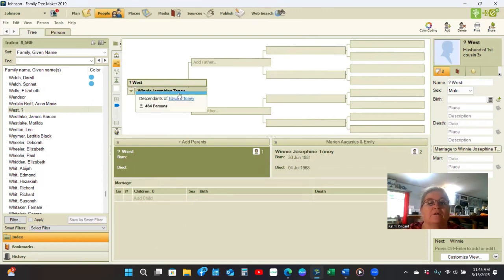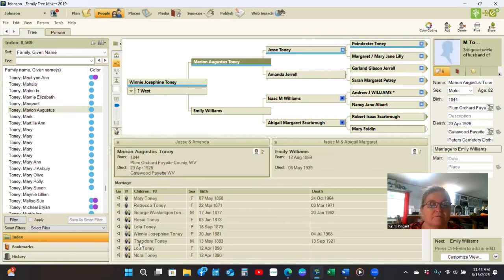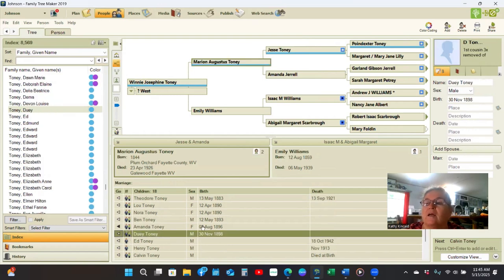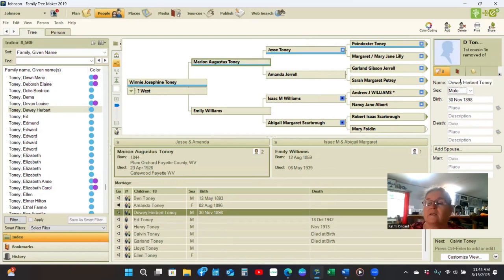And then let's go back to them and find Dewey. Here he is. Dewey. They spell it Dewey. Herbert. All right. And he was born 1898 and died in 1966. So there it is.